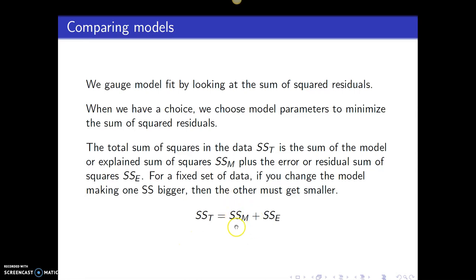Okay, the sum of squares M is the explained sum of squares, and sum of squares E is the error sum or residual sum of squares. For a fixed set of data, if you change the model to make one of these, either the M or the E bigger, the other one has to get smaller because it's going to just equal total sum of squares. So that's what we're stuck with.